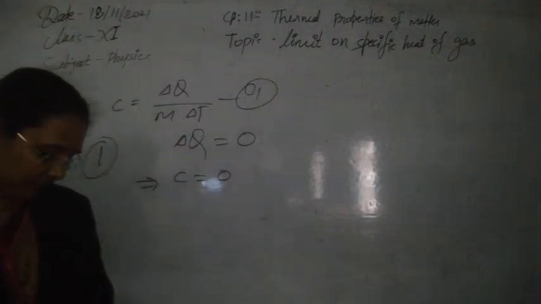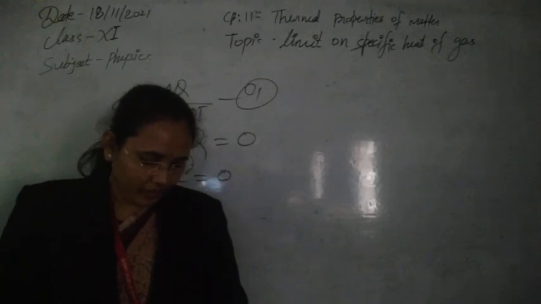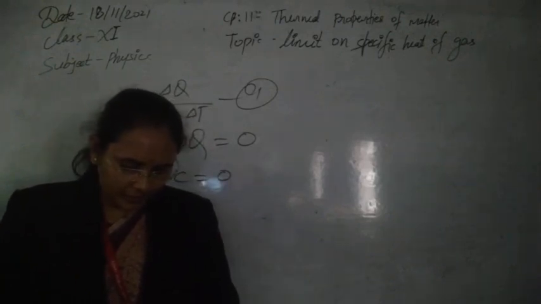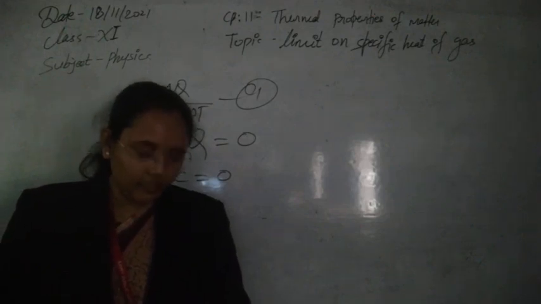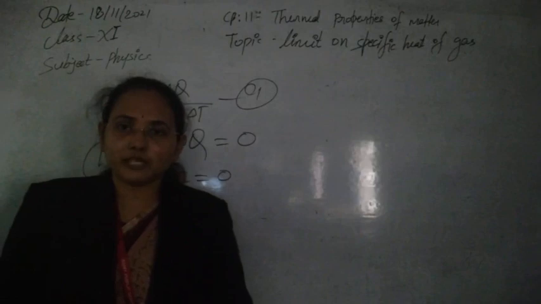Second, if the gas is heated and allowed to expand at such a rate that the rise in temperature due to heat supplied is exactly equal to the fall in temperature due to expansion of the gas.